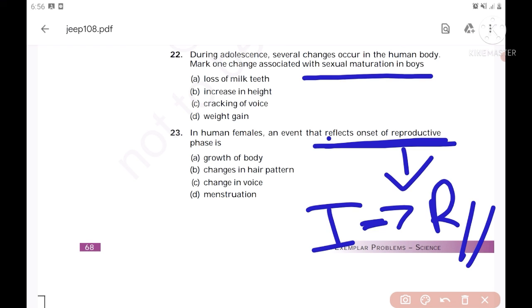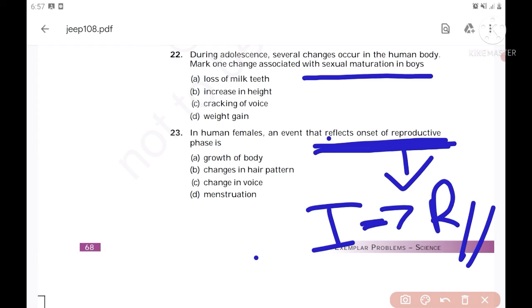See, if they ask what are the sexual maturation changes in girls, at that case, there will be growth of the body, in the sense, not whole body, but the breast size will increase. Next, hair growth will happen under armpits, and there will be change in voice, like pitch increases.